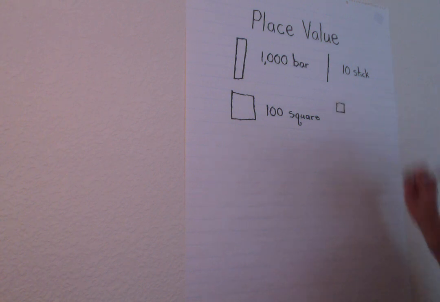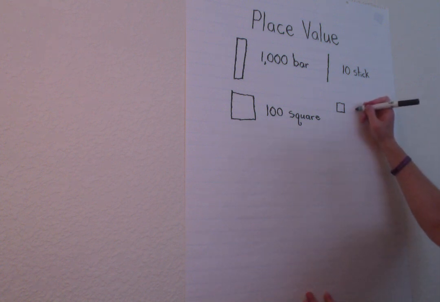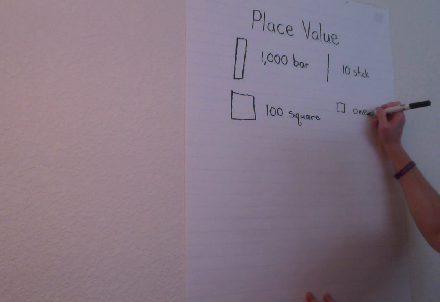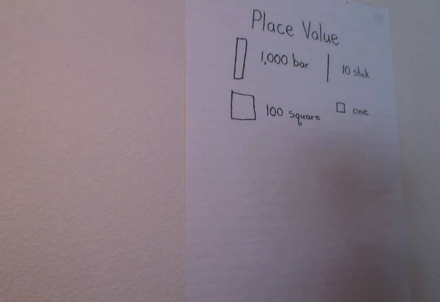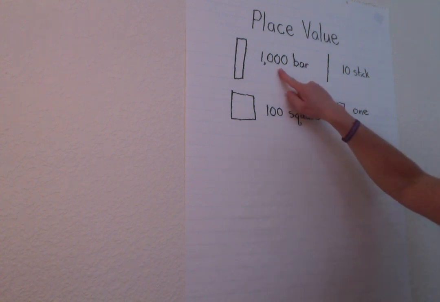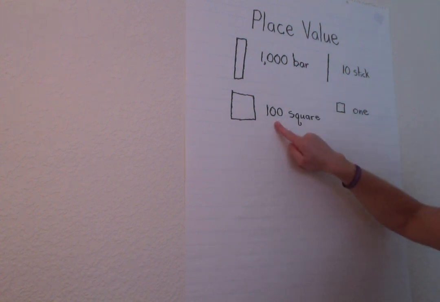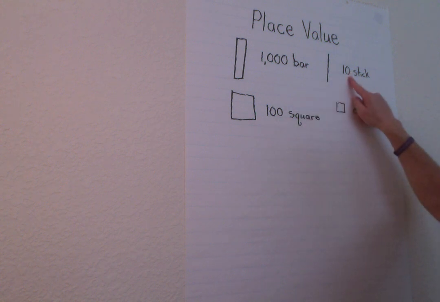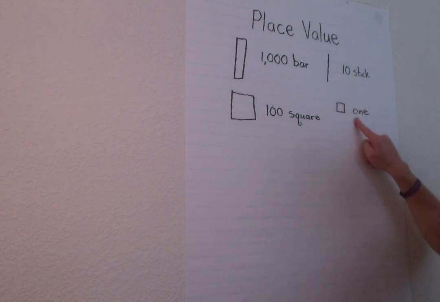It's little. You'll see it's different in comparison to the 100 square, and we're going to just call this 1. Okay? So you should now have 4 drawings and labels in your Spiral Math Notebook. The 1,000 bar, the 100 square, the 10 stick, and the 1.